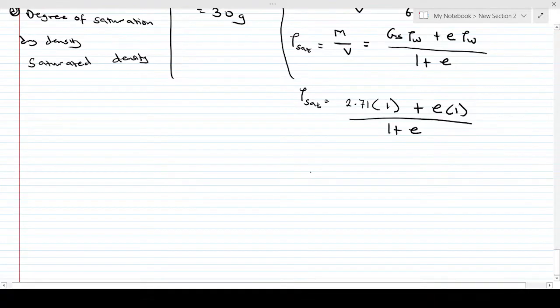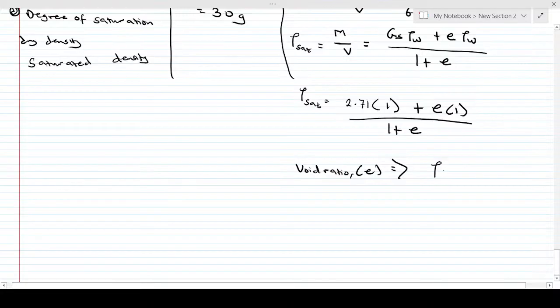Now, I'm going to calculate the void ratio from the dry density. We've already calculated the dry density, right? So I'm going to use the dry density formula.